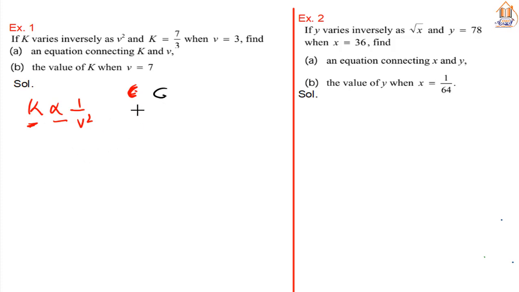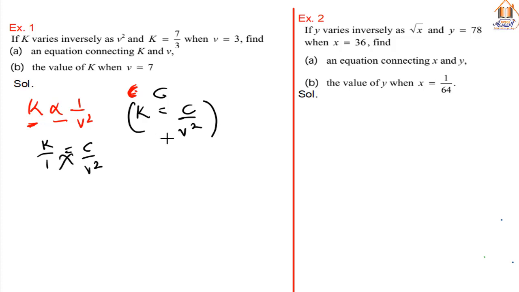Therefore, the equation now becomes k is equal to c all over v squared. Now what are we going to do? We're going to make c the subject of the formula. By doing that, we're going to cross multiply. So we have k all over 1 is equal to c all over v squared.